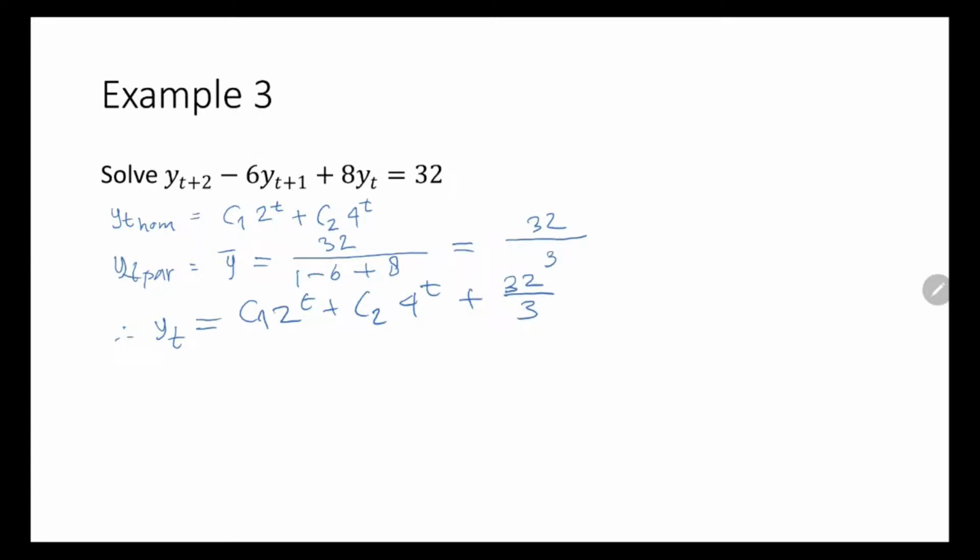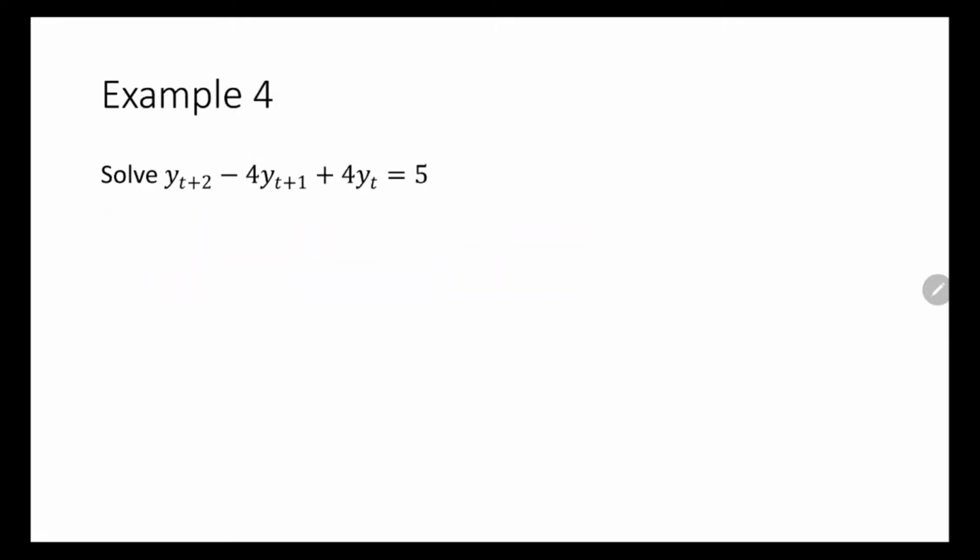The second example is again the same homogeneous equation as in the first video. So we have the homogeneous solution equal to C1 2 to the power of t plus C2 t 2 to the power of t.